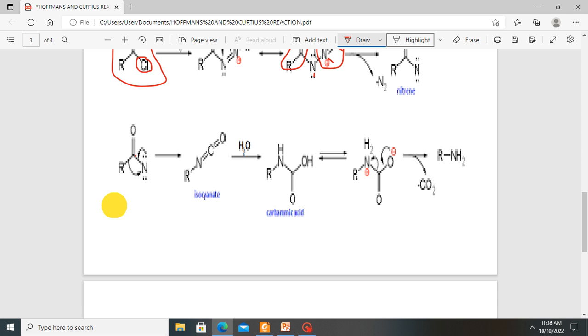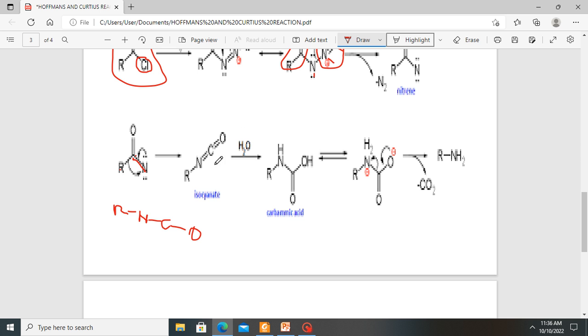So we have the R bonded to nitrogen here, the nitrogen bonds to the carbon. So from here to here. Then this nitrogen bonds to the carbon. Then this carbon continues with the oxygen. So this is the arrangement of the atoms in the isocyanate. So this is an isocyanate. This reaction is the same as that which was seen in the Hoffman's rearrangement reaction.